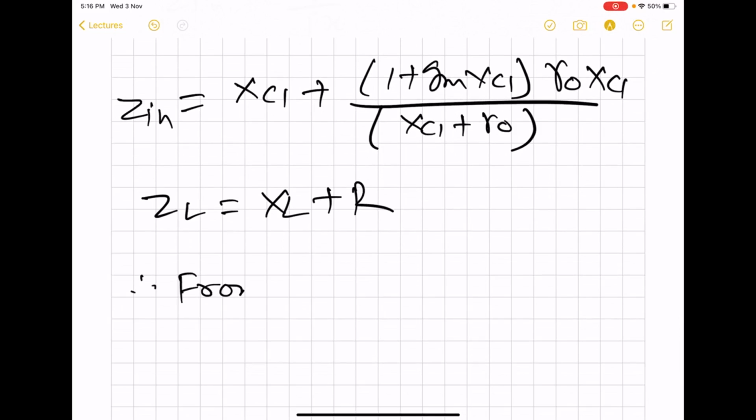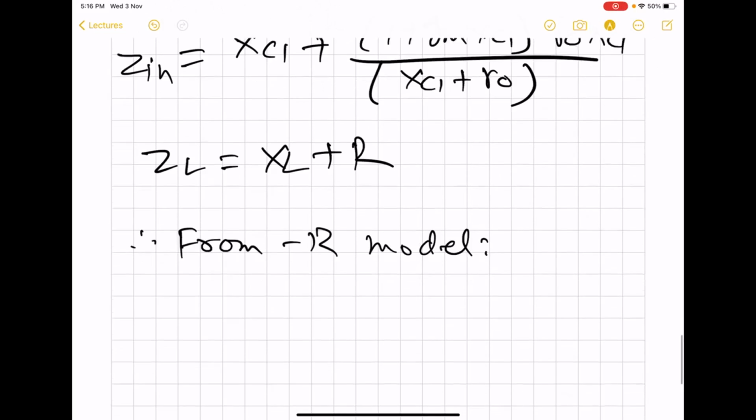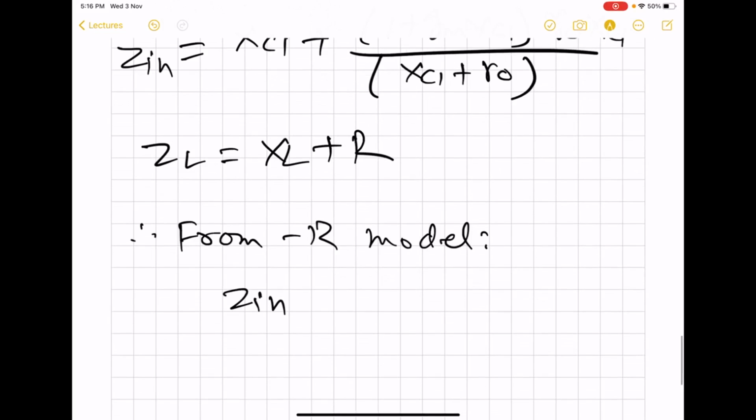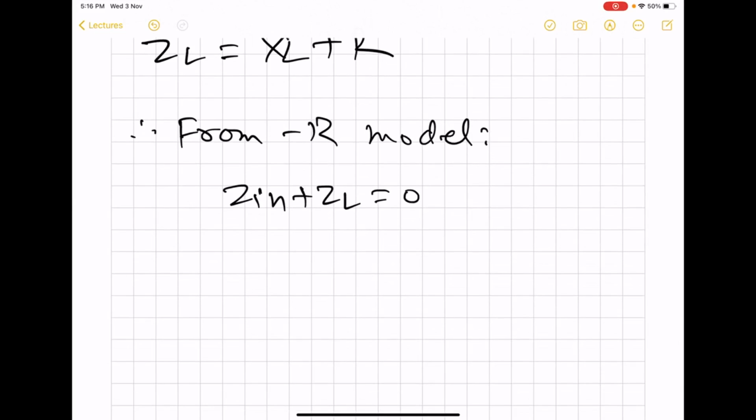Therefore, from the negative R model, what we find is Zin plus ZL is equal to 0. That means XL plus R. In fact, this is ZL.